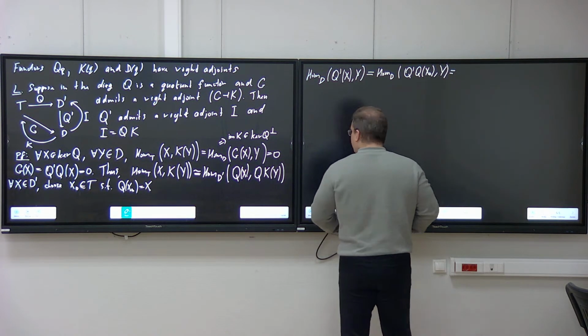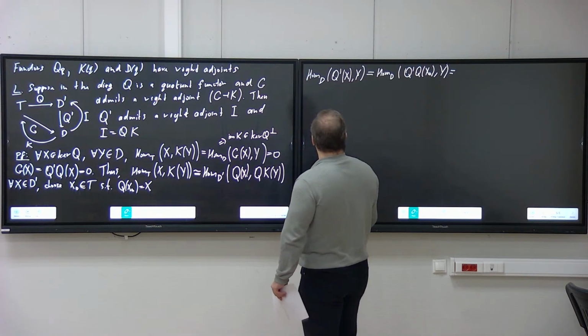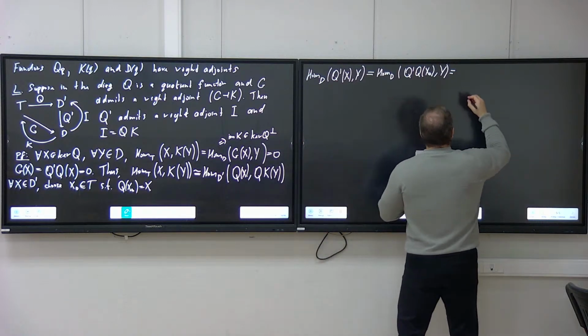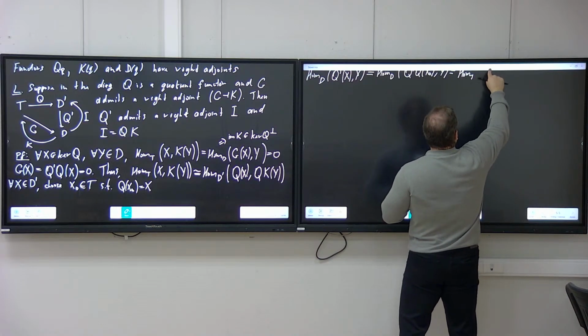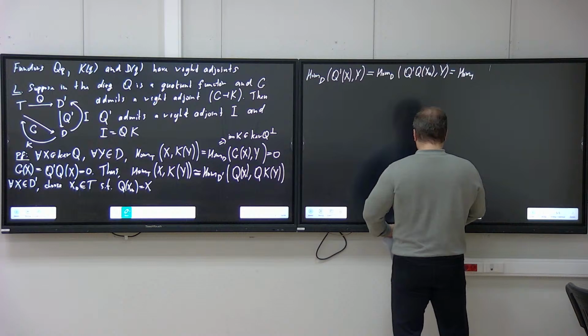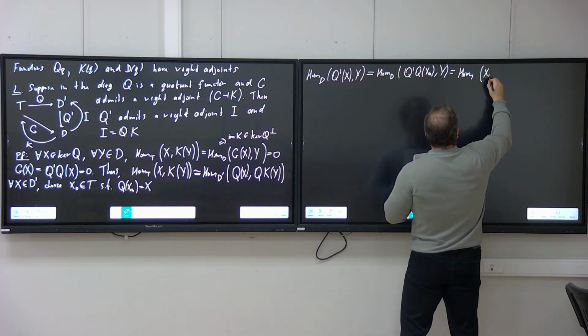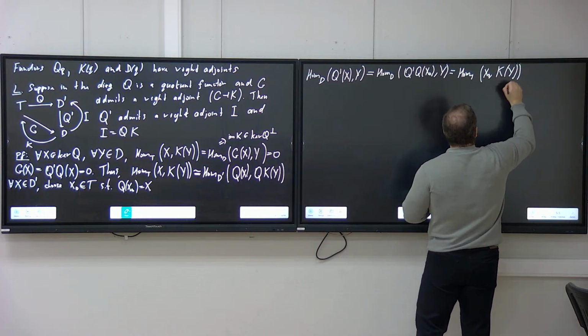Now I use the fact that this composition of q0, q prime and q has right adjoint k. So I can write this as the home in the category T from x0 to k applied to y.